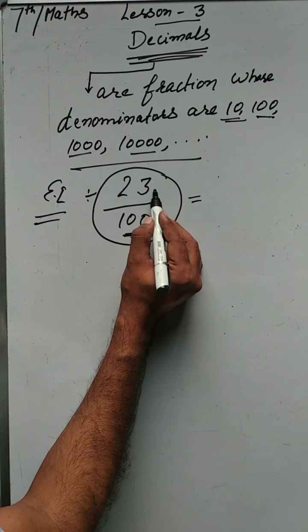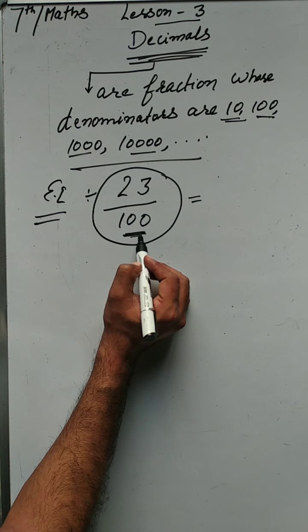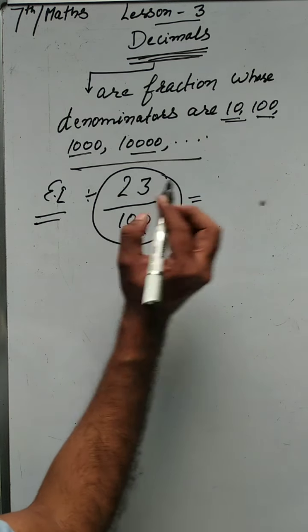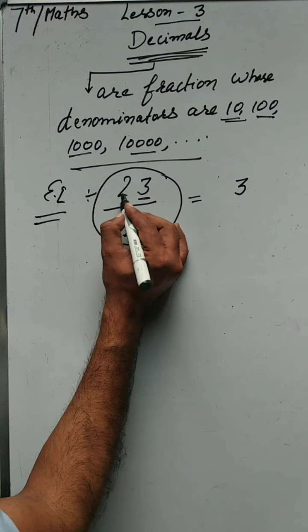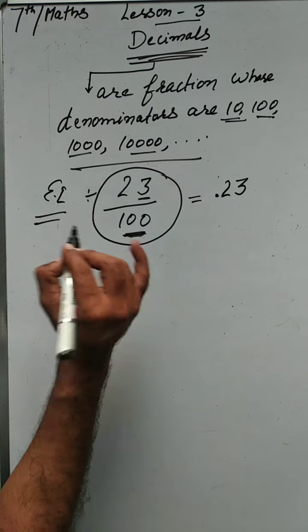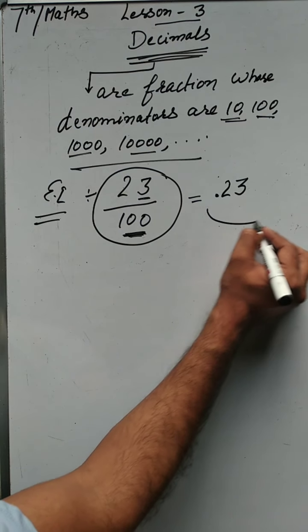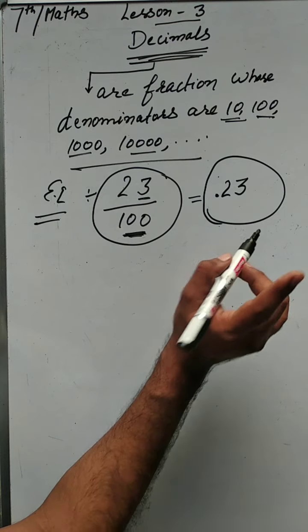So from the left of the number we will leave 2 digits and we will place the point. First digit is 3, second digit is beta 2, then your decimal will be here. Understood? So this is the decimal form of the fraction.